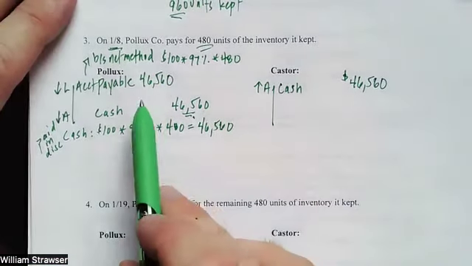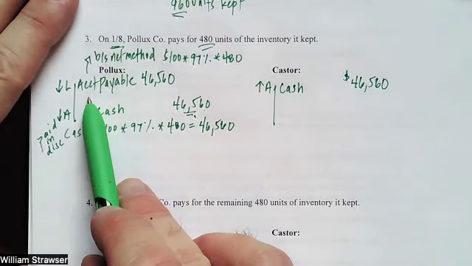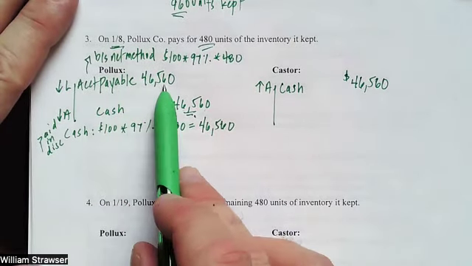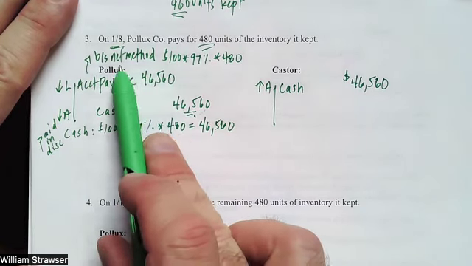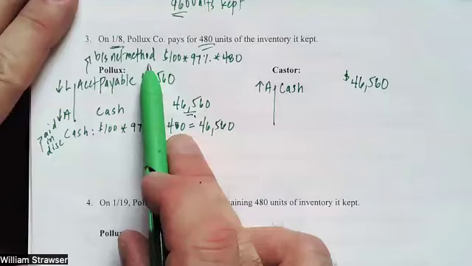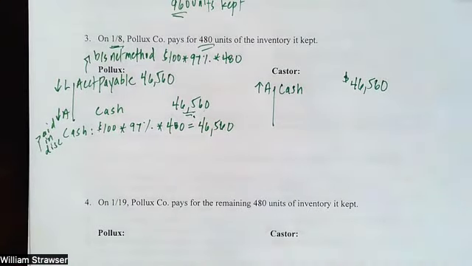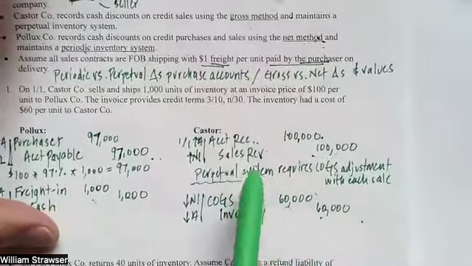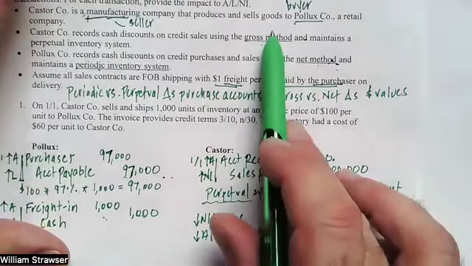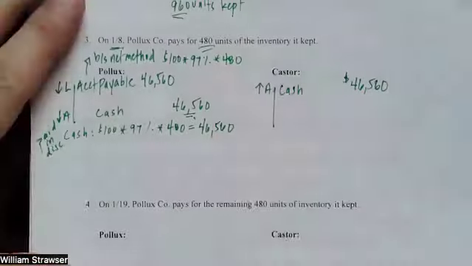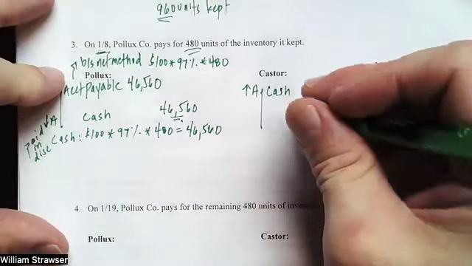Now, the difference in accounting arises because Pollux can set the terms of how it records its payable. They set terms that they record their payables by net method. Castor can set terms in how it records its receivable. The terms it uses are the gross method. So this is where the differences can start to really arise.